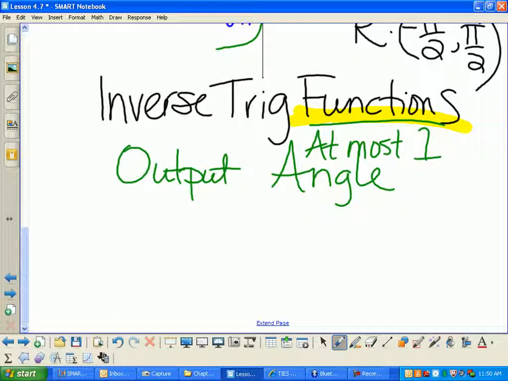So when you evaluate an inverse trig function, your answer will always be at most one angle measure. You will never evaluate an inverse trig function and list 2 or 3 answers, because if you're doing that, then you don't understand what a function is. And a function is one input, one output.